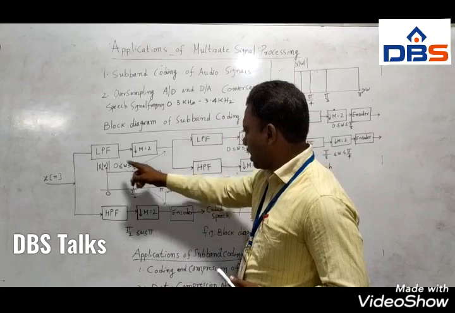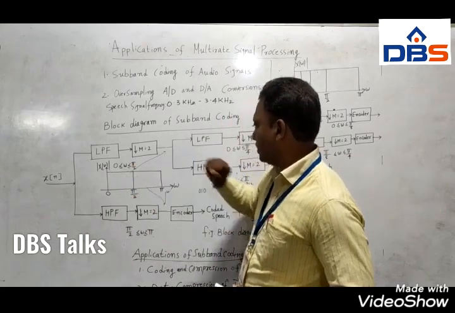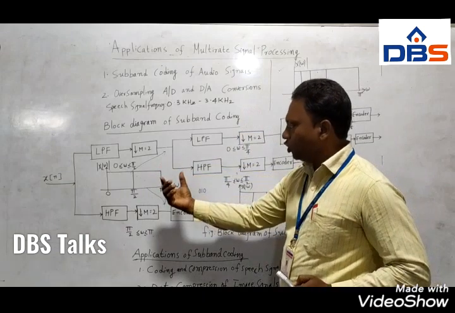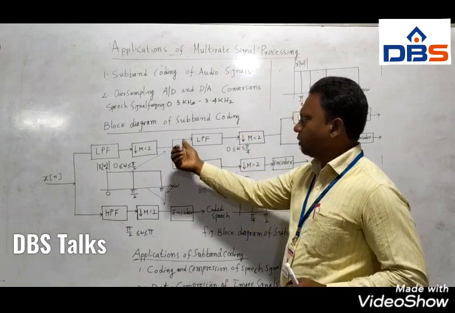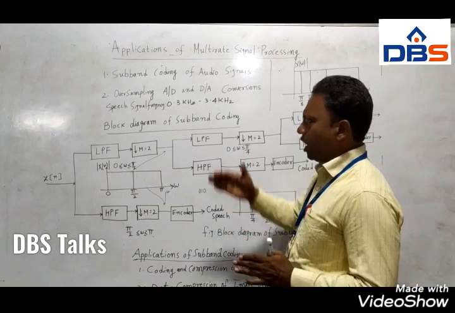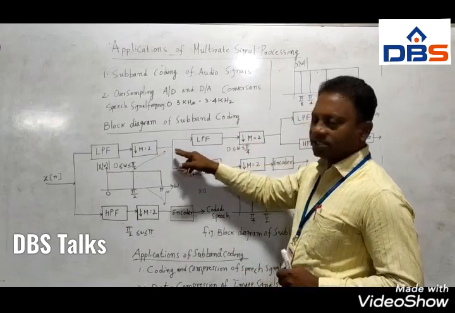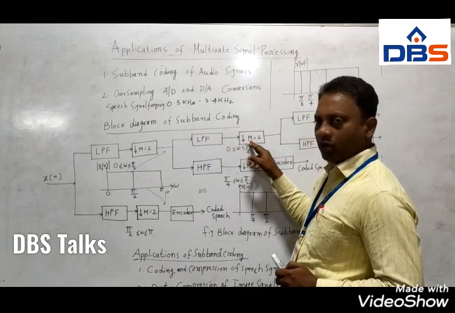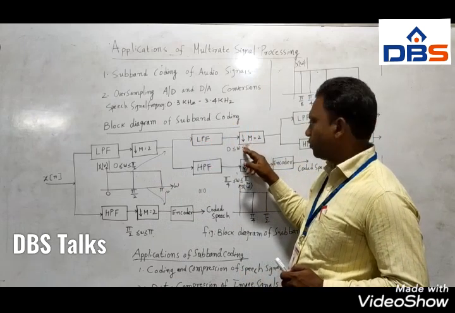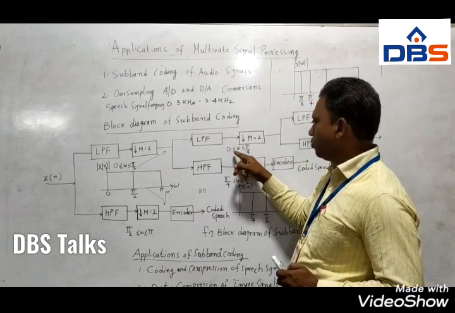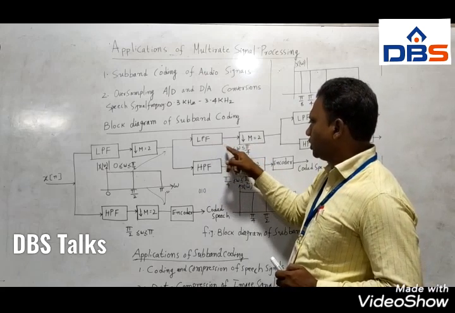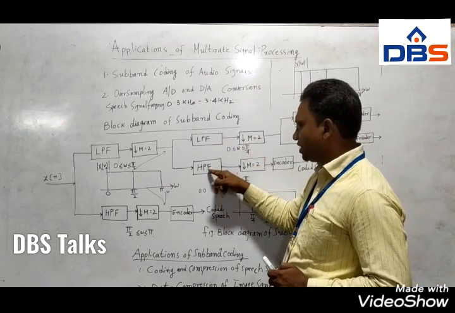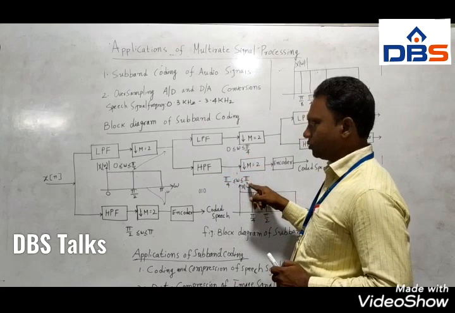From 0 to pi by 2 the spectrum comes here, and the remainder after downsampling by 2 is given to the low pass filter here, and again downsampled by 2. So what happens now? It will pass only the frequencies from 0 to pi by 4, and this high pass filter is there from pi by 4 to pi by 2.